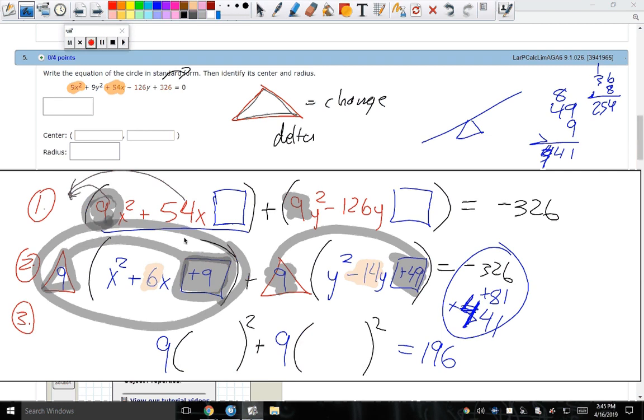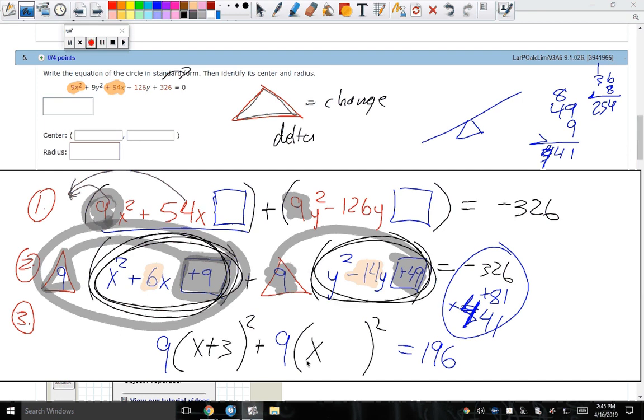Now, what will this become? We've done this already now, the last problem. Well, x plus 3. What will this become? Oh, my bad, not x, but y minus 7. Why is it minus 7? Because you have to borrow that first sign.